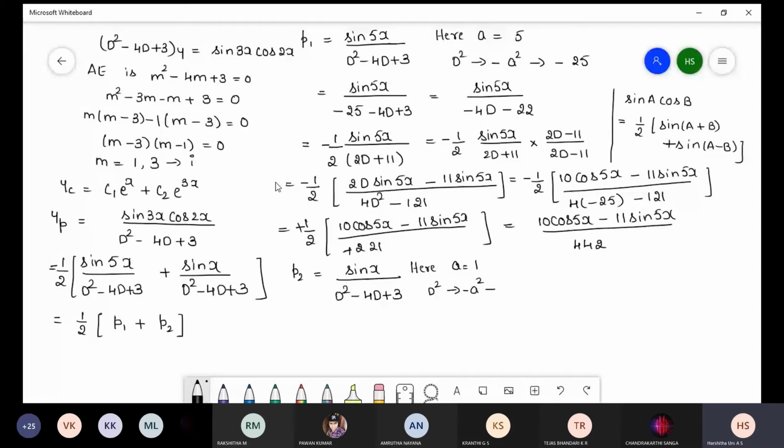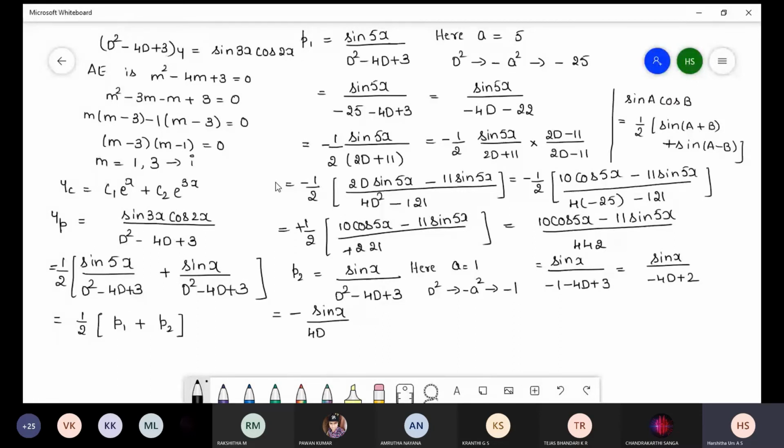Here I just continue: sin x divided by minus 1 minus 4D plus 3. So sin x divided by minus 4D plus 2. So I take minus as common. So sin x divided by 4D minus 2.